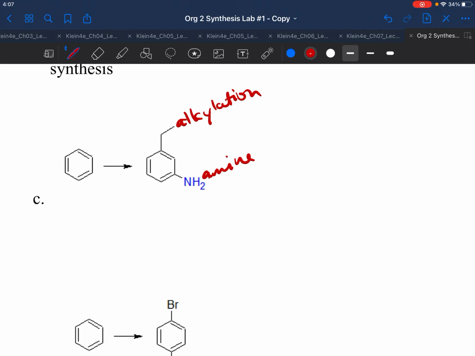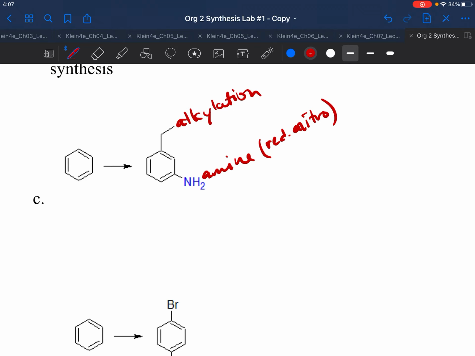You know that you can't add an amine directly, but you can reduce a nitro group, right? So we do know how to add a nitro group. When you add 2 groups, you have to also think about the directors, right?